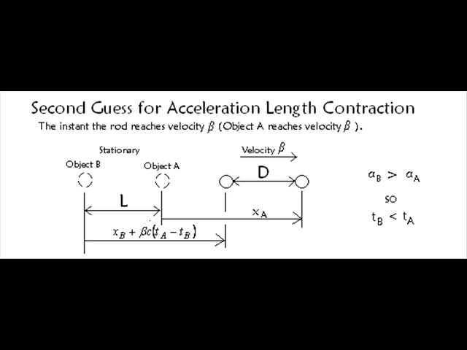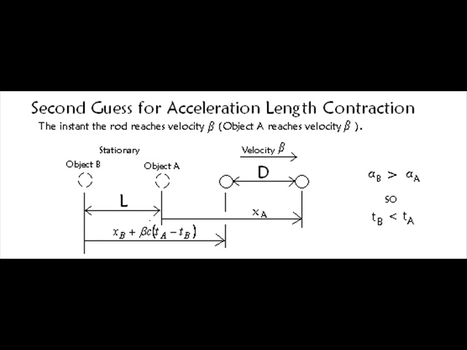So what happens is object B reaches speed beta, but object A hasn't gotten there yet. So during this time interval, t sub A minus t sub B, object B is just traveling at a constant velocity, beta.